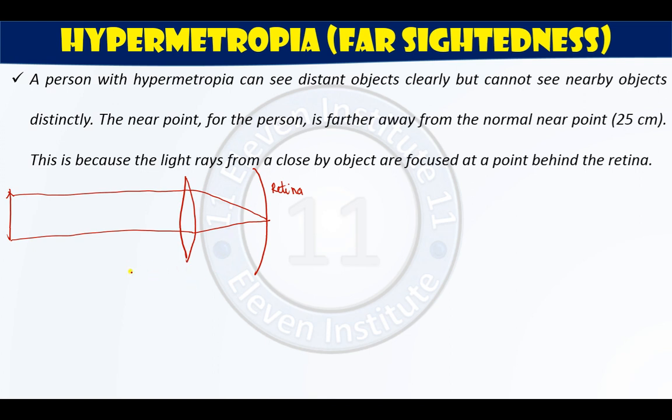Now, if our eye is normal, and we bring the object nearer to the lens, here again the retina is as it is, right? But you have brought the object nearer to the lens. Now if you bring the object nearer to the lens, this lens will become thick.